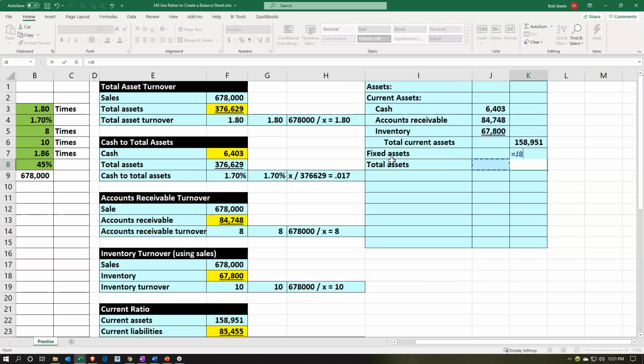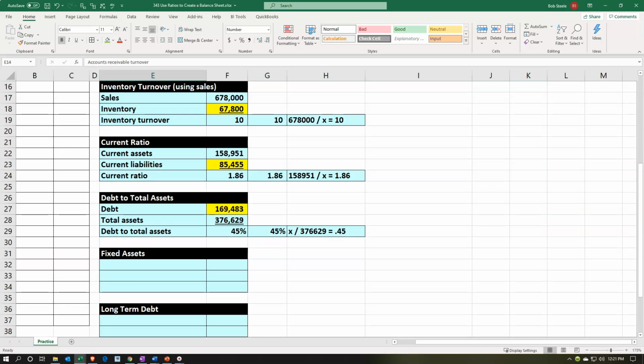The total assets we know are 376,679. If we know that, we can back into the fixed asset amount, because we have the current assets, and we assume the other assets are property, plant, and equipment, net of accumulated depreciation. We could just put that whole category here. So let's do that little calculation down below.